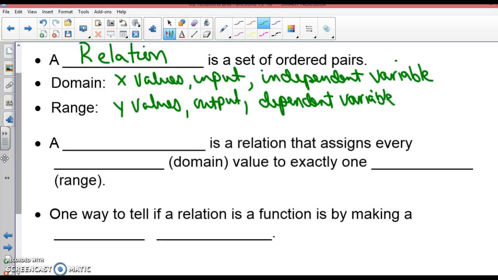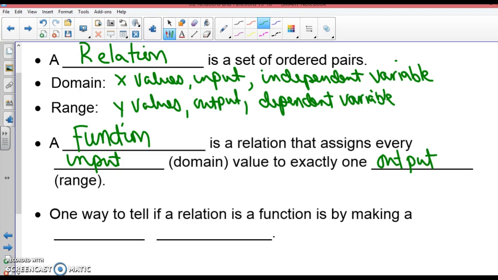So every set of ordered pairs in the world is a relation. And then there are special relations called functions. A function is a relation that assigns every input value to exactly one output value. When I was a kid, and even to this day, I'm not in love with that sentence.